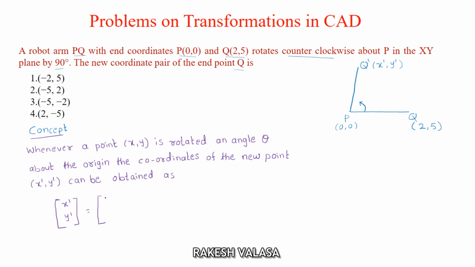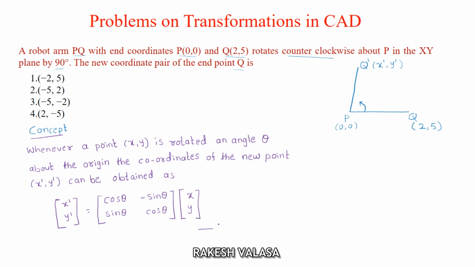x dash, y dash equal to the rotation matrix cos theta, minus sin theta, sin theta, cos theta, into the existing coordinates, that is x, y.